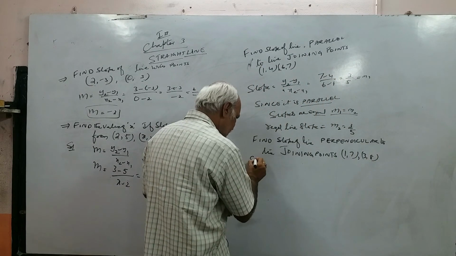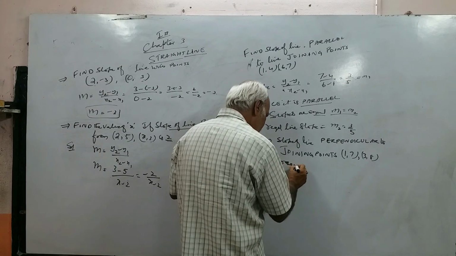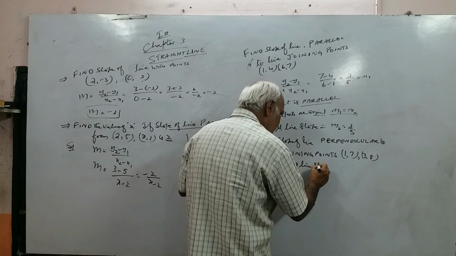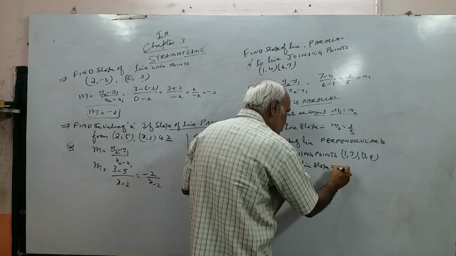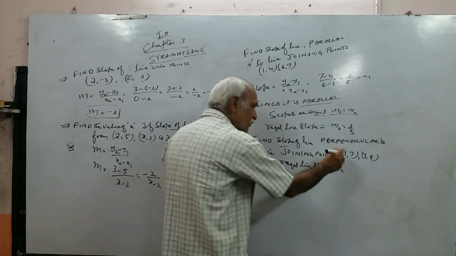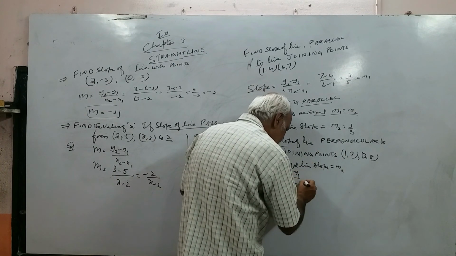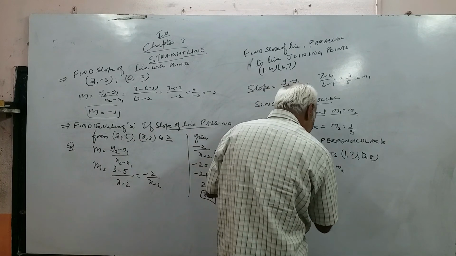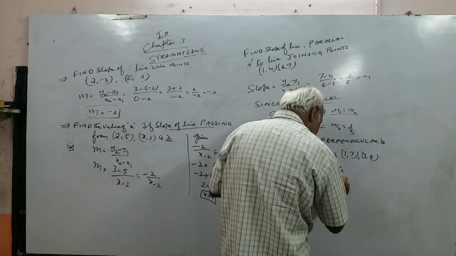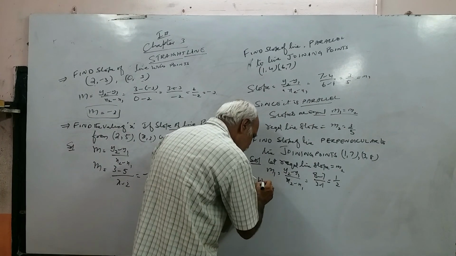Now, solution. Let the required line slope be M2, right? And what is M1? M1 is y2 minus y1 by x2 minus x1. So what is y2 minus y1? 8 minus 7 by 3 minus 1, 1 by 2. This is M1.